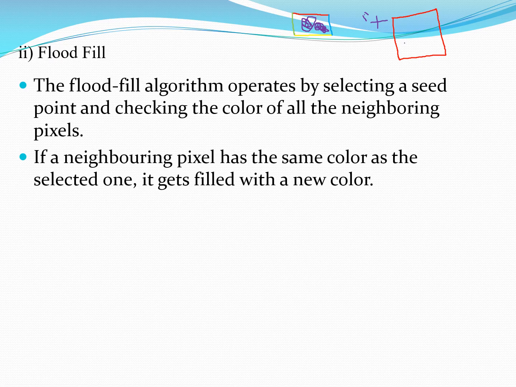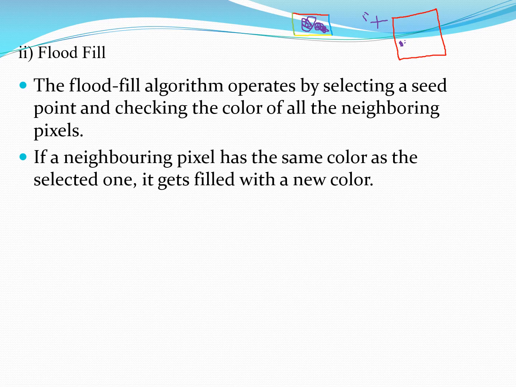Then it will check whether the neighboring pixels have the previously colored old color, and if so it will match with the new color. If a neighboring pixel has the same color as the selected one, it gets filled with the new color. I hope this is clear.